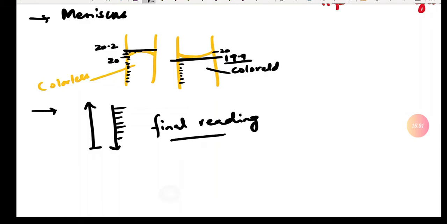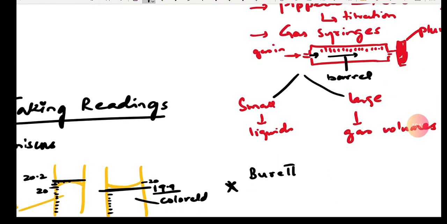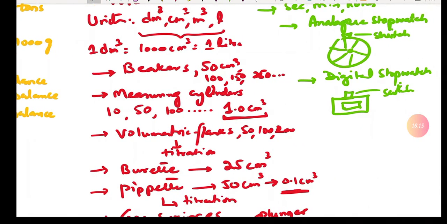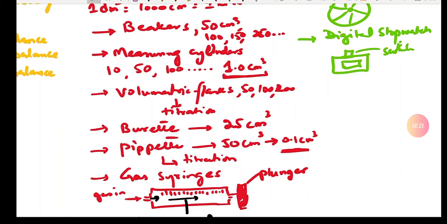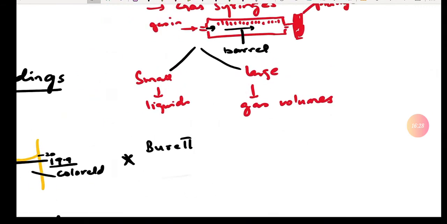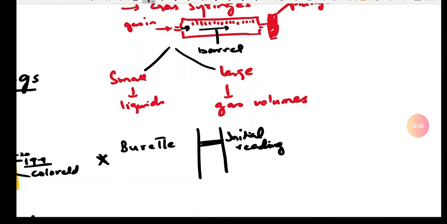So it is important, for noting down the readings on the burette, that first you note the initial reading from where you are going to start the reaction, and then you also note the final reading where the final volume is ending.